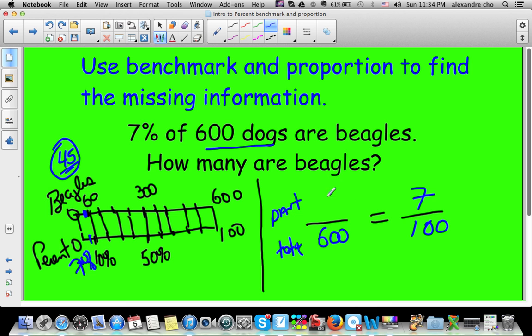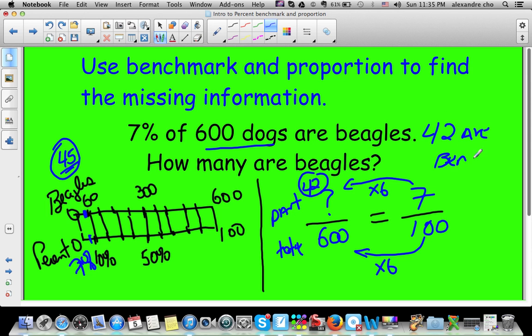So the part is the part that we're missing. 100 to 600 is times 6. And 7 to that is also times 6. And 7 times 6 is 42. So if there are 600 dogs out there, 42 are beagles.